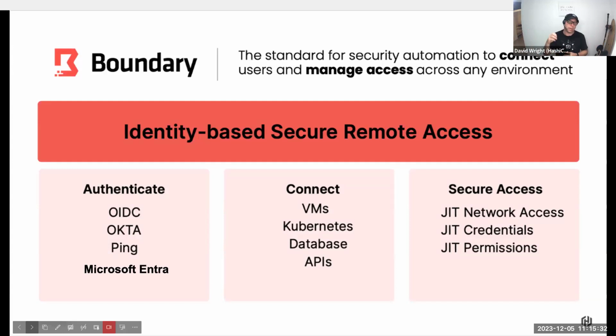And so one of the elements around Boundary is the fact that we can use a service catalog that uses something such as a service discovery tool like Consul, or tagging. So it can actually use tagging within Azure to then discover those essential resources that are then defined within a group, and that group can then be distributed based on principles and roles.